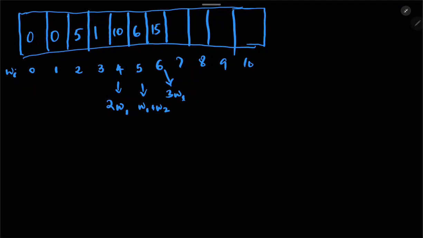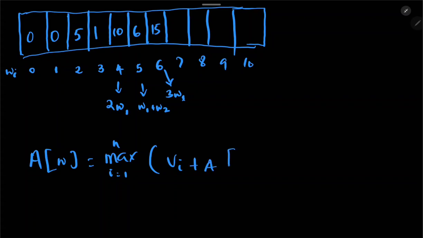So the weights, let me put down this formula again. So this is simply from i equals 1 to n, you have the value of this. So I hope this makes sense to you.